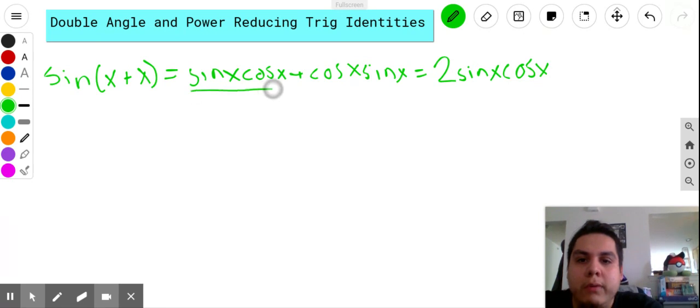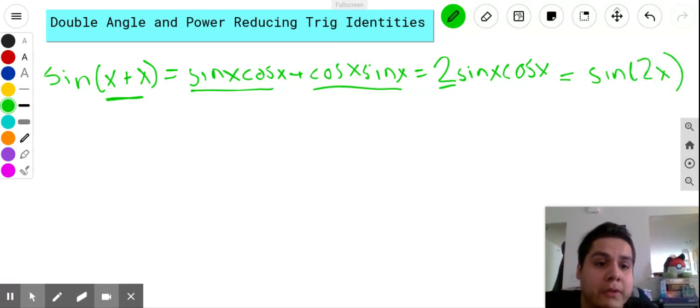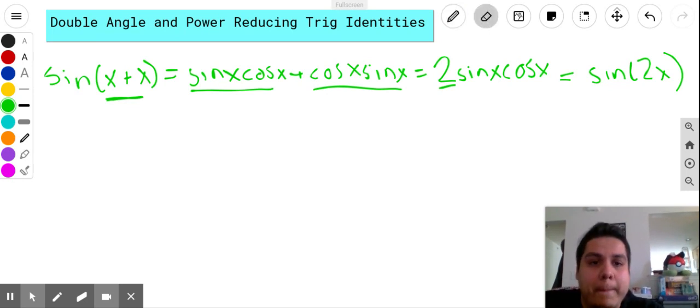So 1 plus the other gets me that 2 there. However, if I simplify this part inside the parentheses, I get that's really a sine of 2x. So that's one of your double angle identities, right?